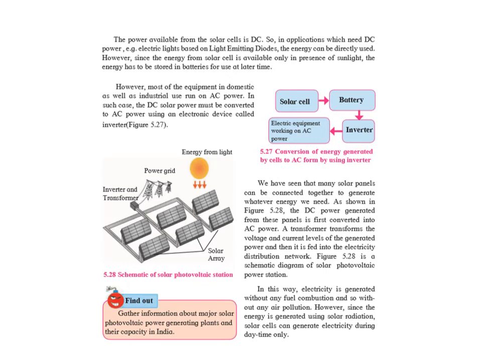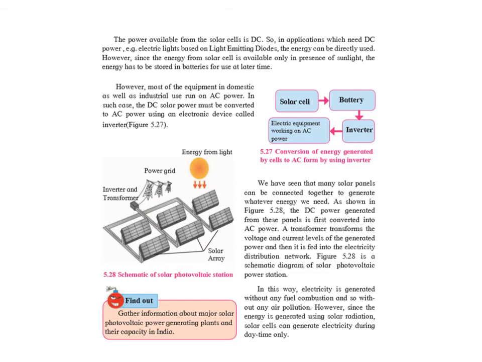So we have, from the sun, the solar arrays or the solar panels producing DC current. Then the inverter and the transformers are converting it into AC current. Now that AC current is directly put into the electricity distribution network, and from where it goes to the domestic houses or maybe the industries.